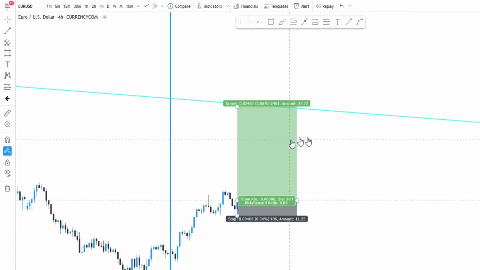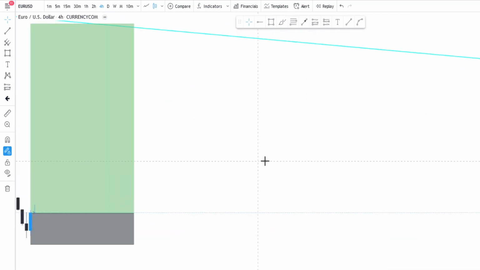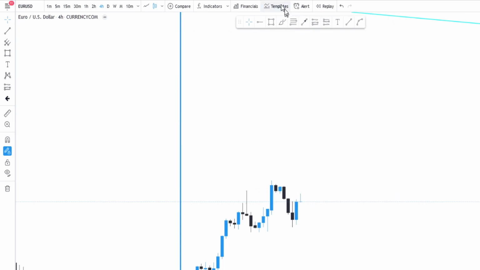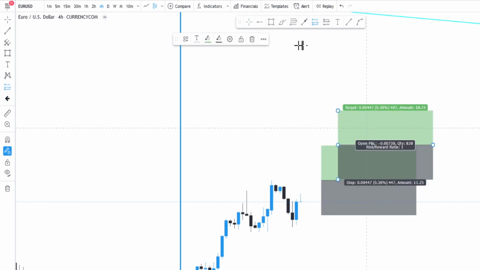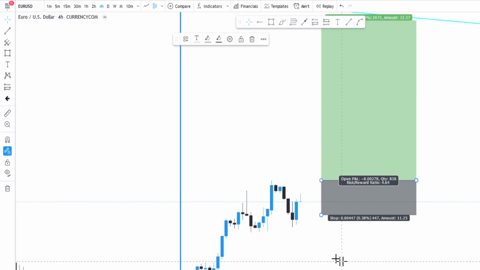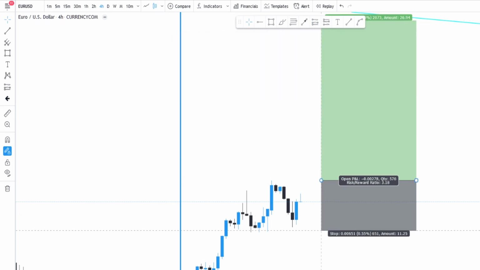Or you can enter here, sorry, here, and then put your stop loss here.